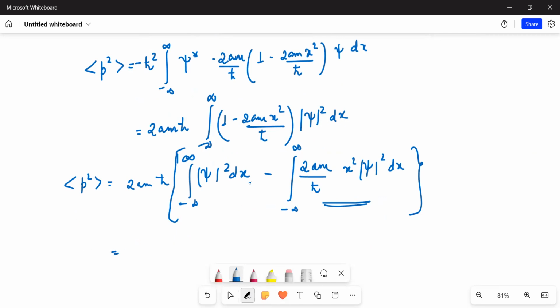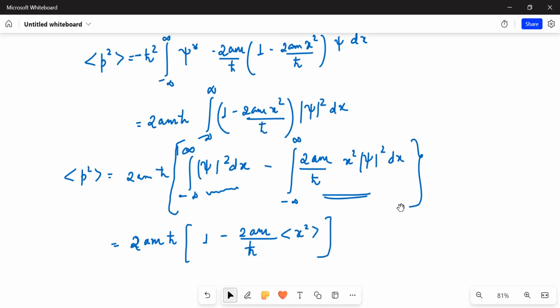So overall, the first integral is equal to the total probability of finding the particle, which certainly would be unity. So I'll write this as 2am h cut, and then I will write 1 here, and then minus 2am upon h cut times the expectation value of x squared.